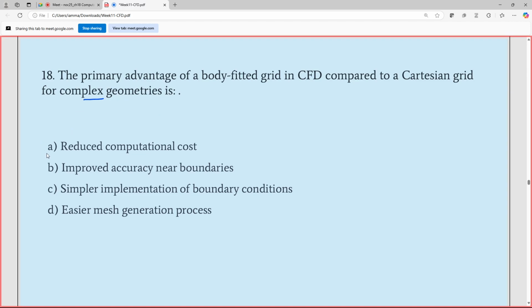Options are: option A, reduced computational cost; option B, improved accuracy near boundaries; option C, simpler implementation of boundary conditions; option D, easier mesh generation process.